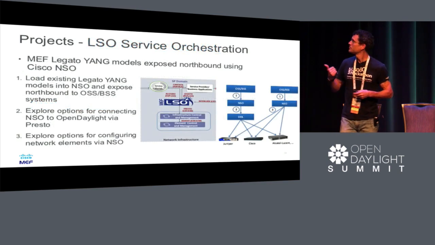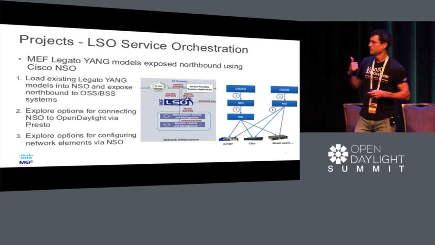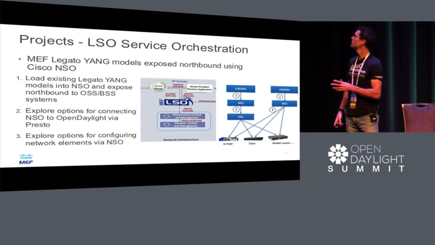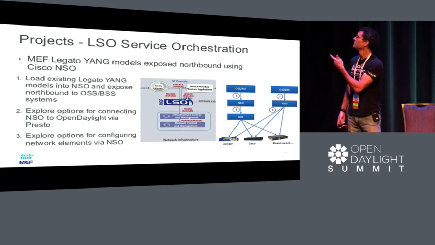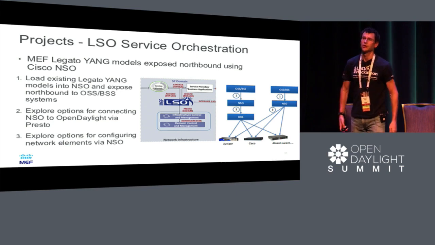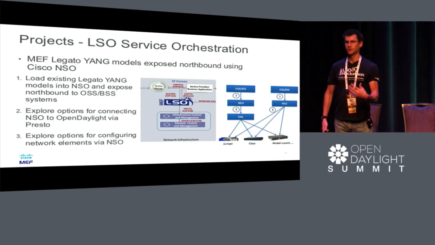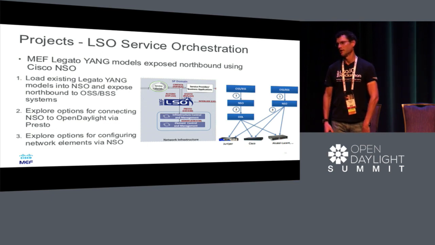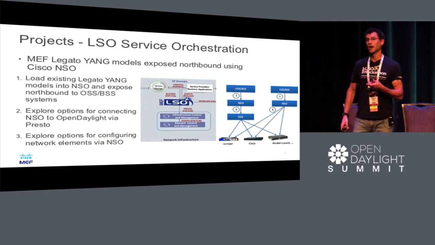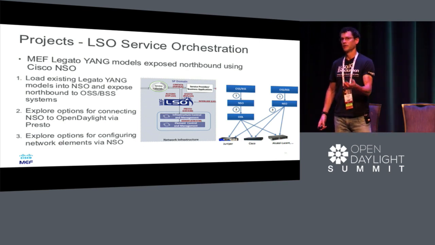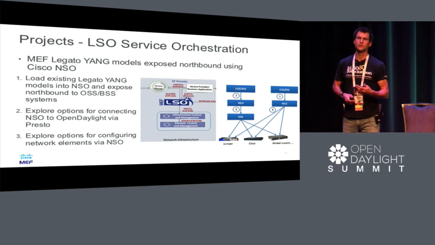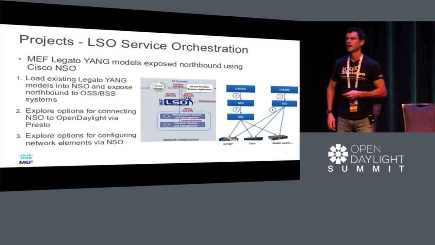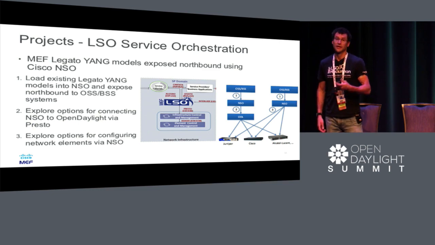Another project that people might be interested in, as was mentioned before, not everything at the hackathon has to be closed source. In this case, there's a product from Cisco, NSO, and it supports reading in of Yang models and then exposing the APIs based on those Yang models. So what we're going to do is take the Legato API that has been defined by MEF and bring that into Cisco NSO and have it expose the Legato API northbound to business applications that can use it, right?